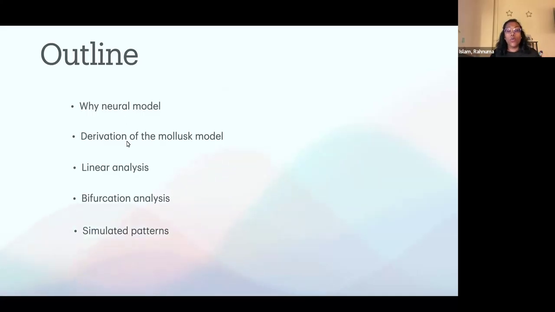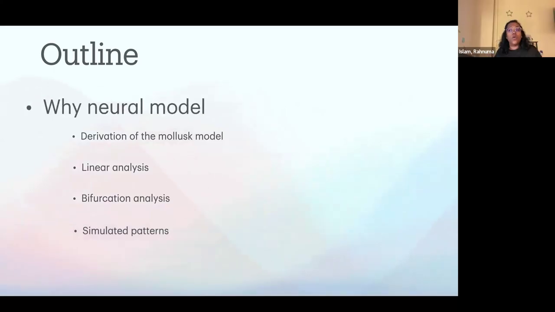Second, how we built the neural model. Then linear analysis and bifurcation analysis will identify some of the conditions under which those bifurcations happen. And at the end, I'm going to show some simulated patterns from our model that are similar to the shell patterns we see in the mollusk.